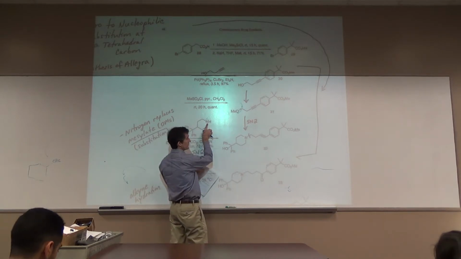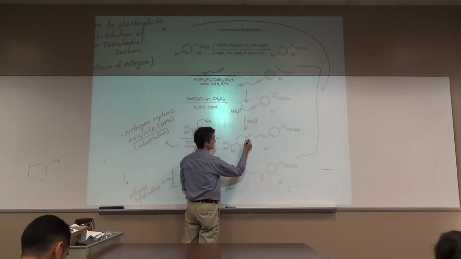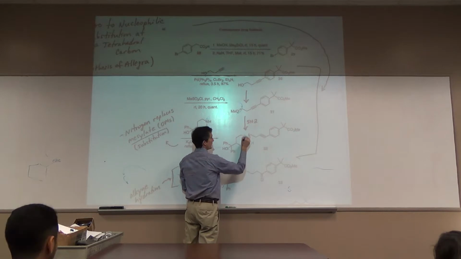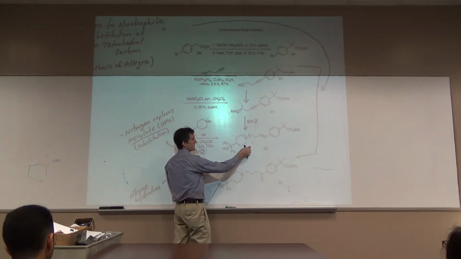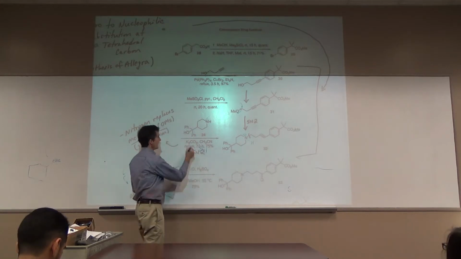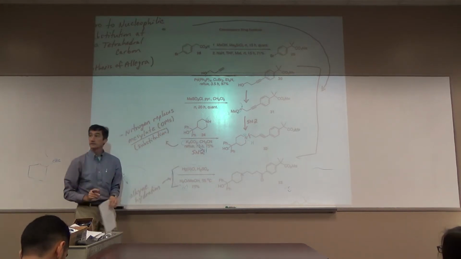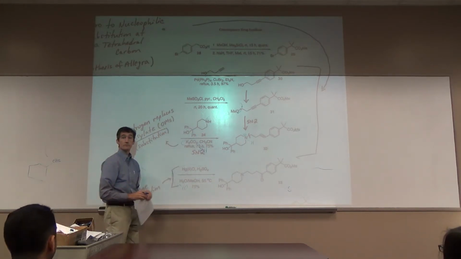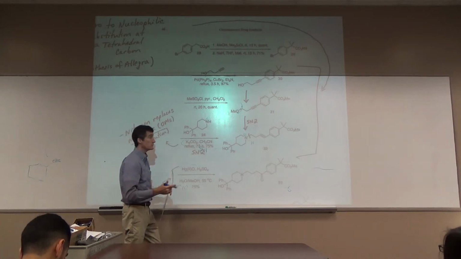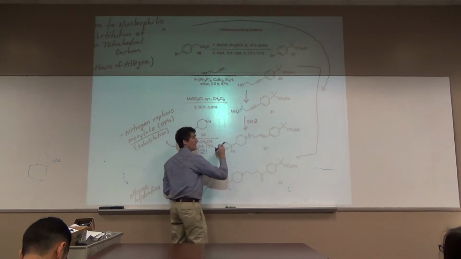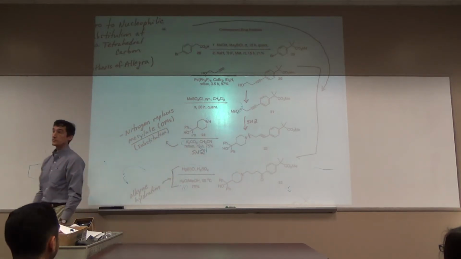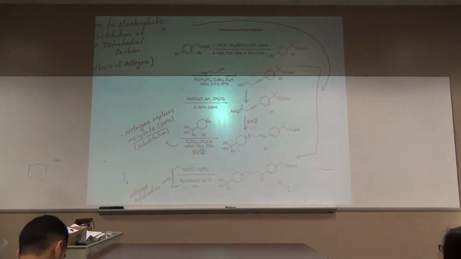It's got an H here, though. Where did the H go? It doesn't magically disappear. Something has to take the H to go neutral. Why do you think they include potassium carbonate? Carbonate is a base that would take the H, leave the lone pair behind, and give the neutral product. So they included the base in the reaction.